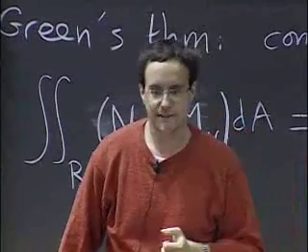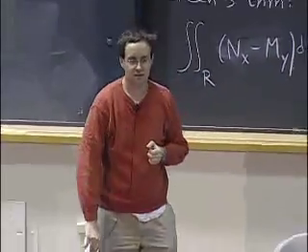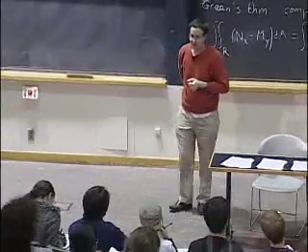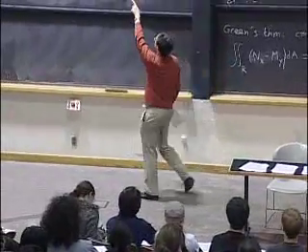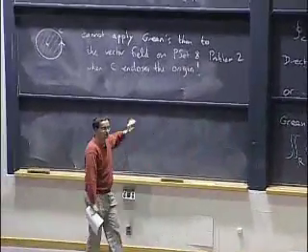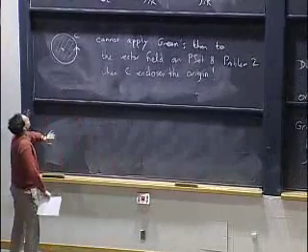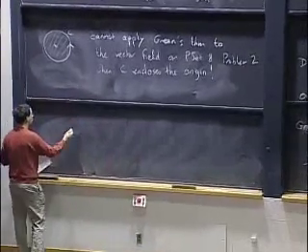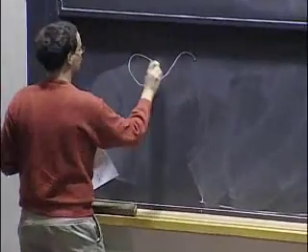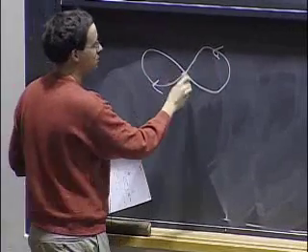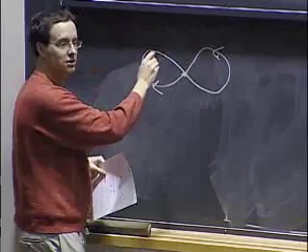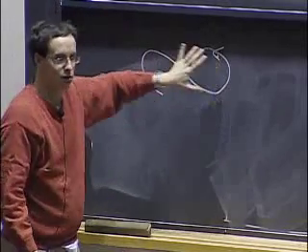Yes? If you have a curve that makes a weird shape like a figure 8, does that still work? If you take a curve that makes a figure 8, then indeed my proof over there is false. So I kind of tricked you. It's not actually correct. If the curve does a figure 8, then what you would do is cut it into its two halves, and for each of them you would apply Green's theorem.